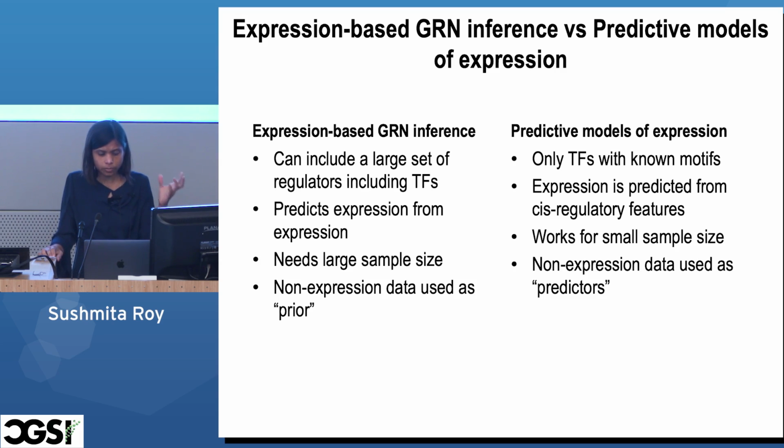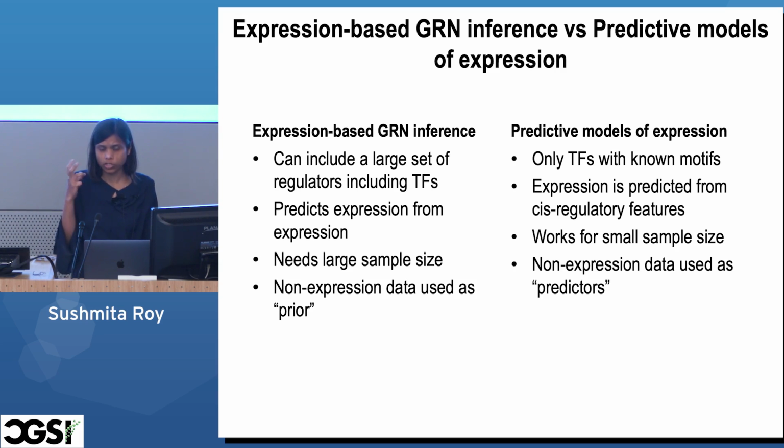And the way the non-expression data is used is as priors in the model to inform the graph structure. On the other side are models that are much more integrative, in a sense, because all the other omic data types are really informing the gene expression in a more direct way than the expression-based GRN inference methods.